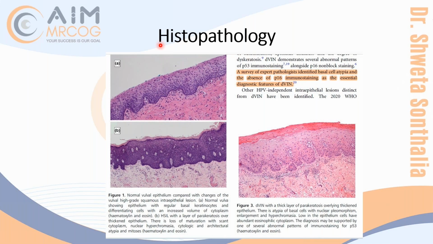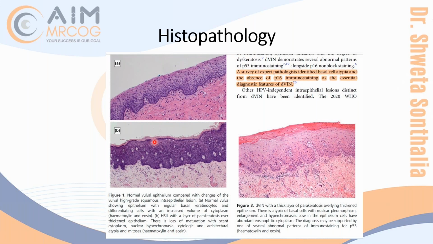So this is the normal looking basal epithelium of vulva, and this one is the HPV associated VIN. In this case, there will be parakeratosis, thickened epithelium, loss of maturation, scant cytoplasm, nuclear hyperchromasia, and atypia and mitosis.